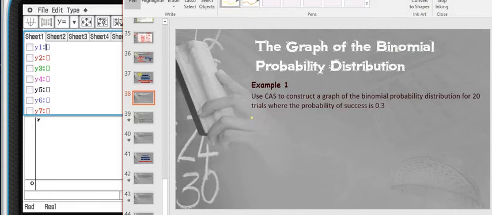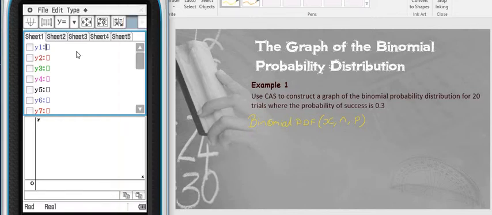Within this section here, we are going to be entering binomial PDF, and we're going to need to enter our x value, our n value, then our p value.